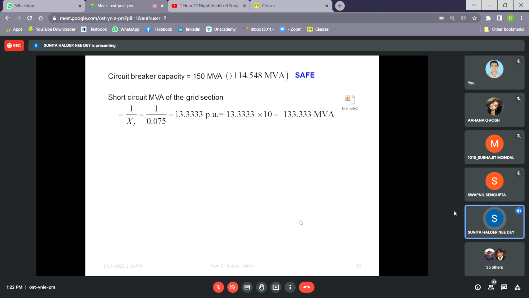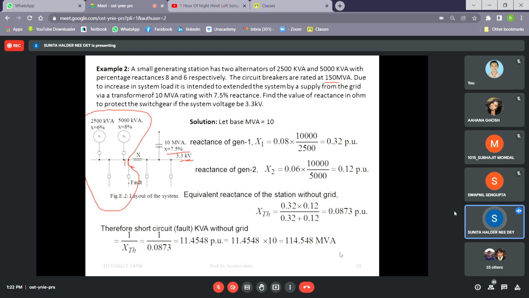So in this problem, it's framed in such a way that you have to calculate what the reactance value will be to use the old circuit breaker. It may ask that only this system is given and you select a suitable circuit breaker rating, right? In that case, you should calculate 114.54.